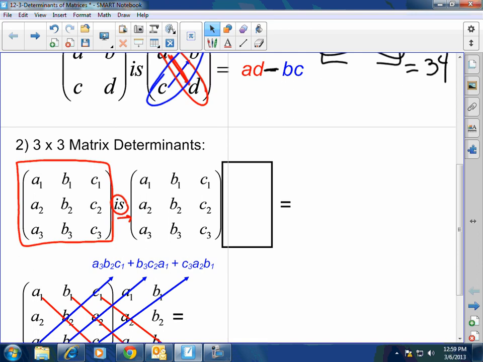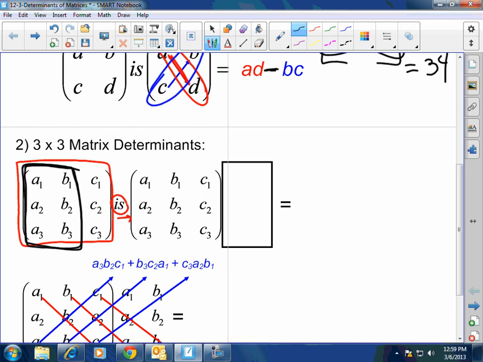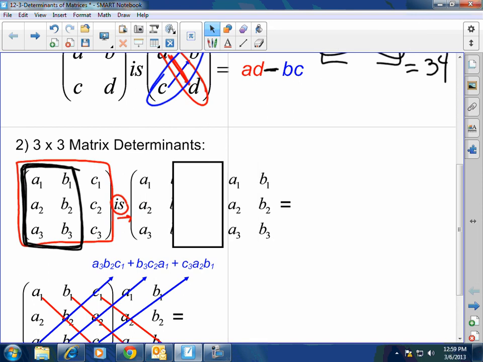So what you're going to do, guys, is you're going to write down your regular matrix that they gave you. And then you're going to take the first two columns, and you're going to put them right side by side to that matrix. Okay? So you're going to put that there, so fill it in, please.